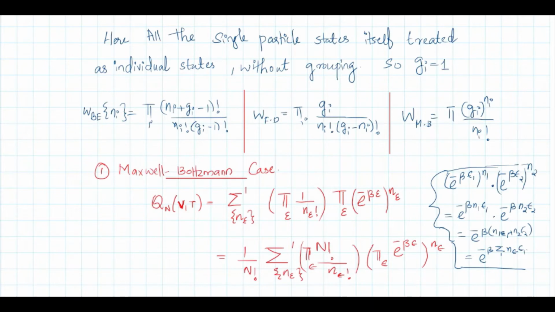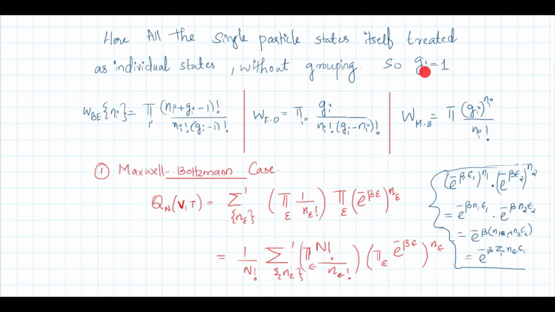Now, all the single particle states themselves we treated as individual states. In the previous lecture, in the case of the quantum mechanical microcanonical ensemble, we assumed that since the energy levels are very close together, we can group some states into a particular cell, and there are a lot of such cells.